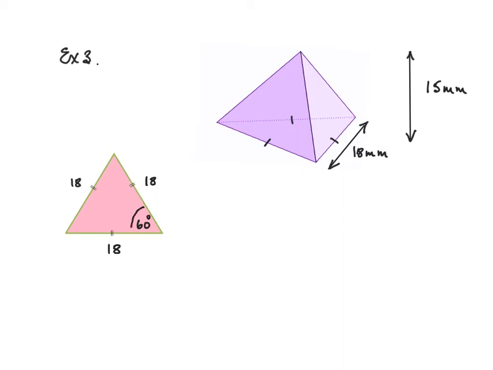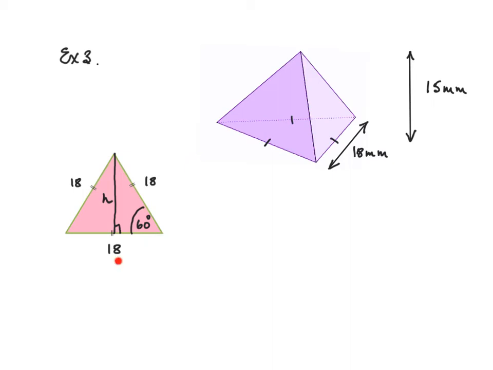So this angle in here is 60 degrees. Really the only type of triangle that you've worked with so far has been the right angle triangle. So what I'm going to do with this shape is to split it into 2 right angle triangles. And we could in fact use Sohcahtoa, we could also use Pythagoras to work out the height of the triangle.